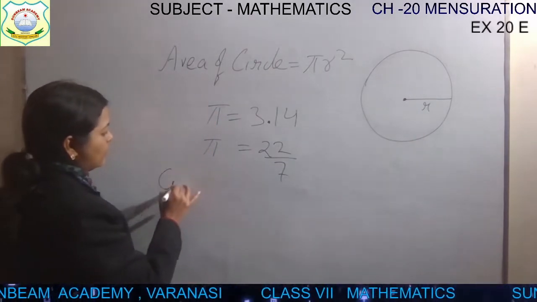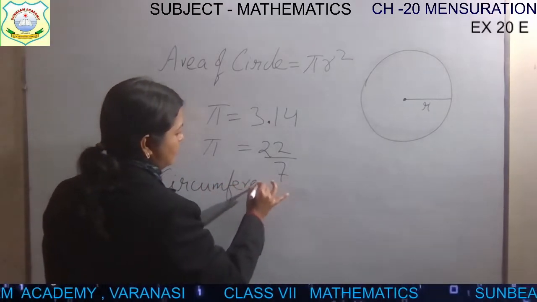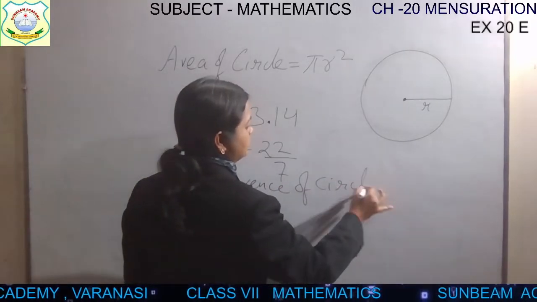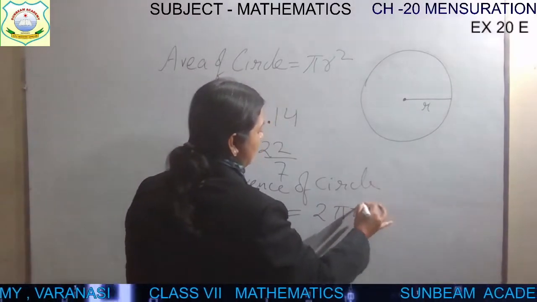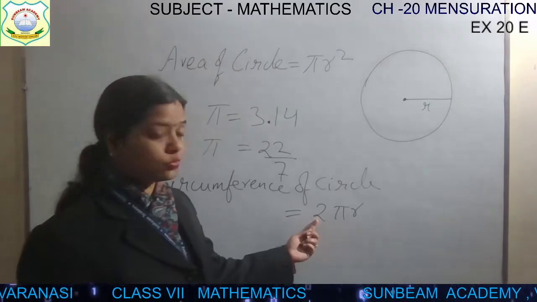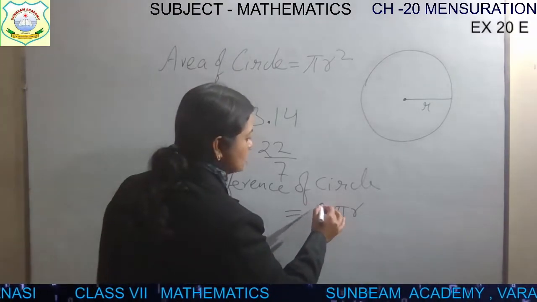And if you talk about the circumference, circumference of a circle is equal to 2 pi r. Circumference of a circle is 2 pi r. Just take twice of r, children.